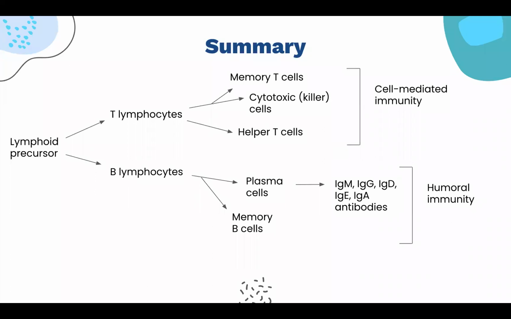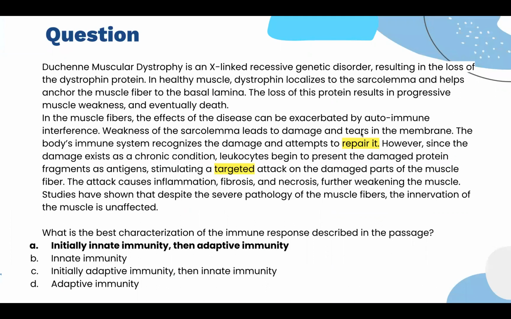Okay, so then what was that in the past example you showed us? What made it innate to begin with? So the innate aspect is your body recognizing the damage and attempting to repair it. So this word repair should tell you that it's innate. So a part of your innate immune system is trying to repair damaged cells. Okay, thank you.